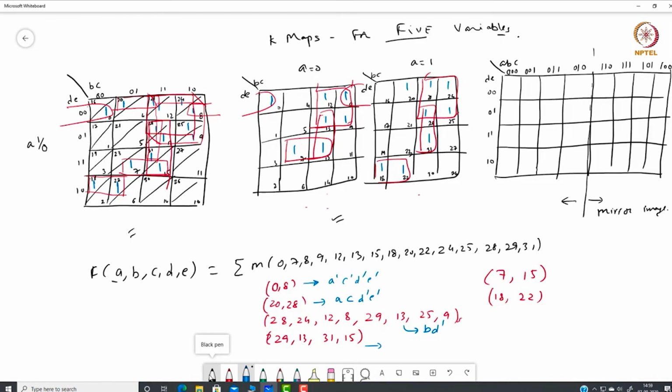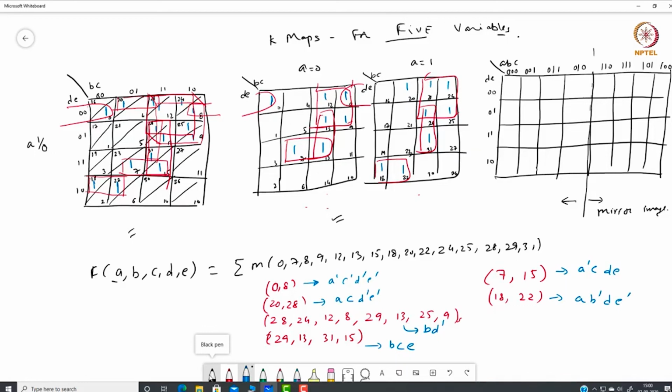Now this is B, C and E. For 7 and 15, this is A dash, C, D, E. For 18 and 22, this is A, B dash, D and E dash.